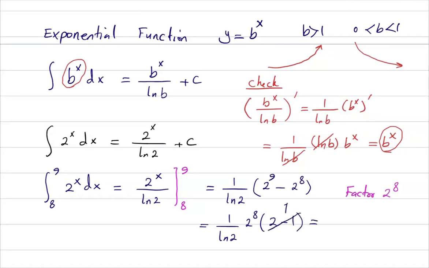This is just 1, so you have 2 to the 8 divided by ln of 2. This is your final answer. If you want to get an approximation, you need to use a calculator because ln of 2 is just a decimal number.